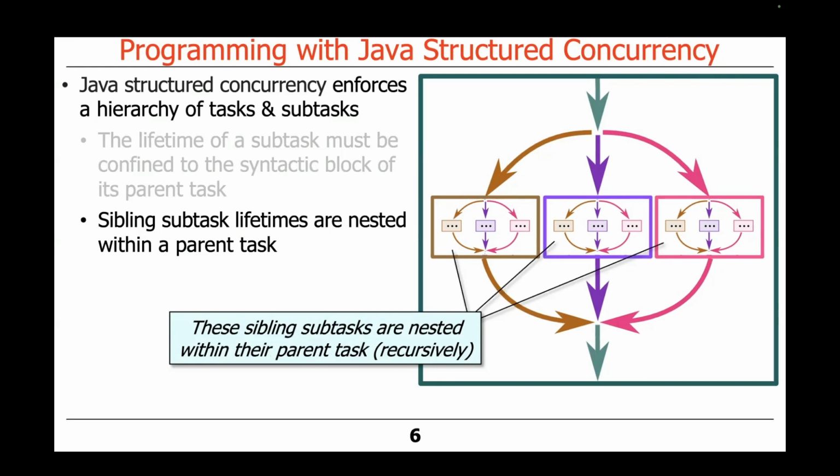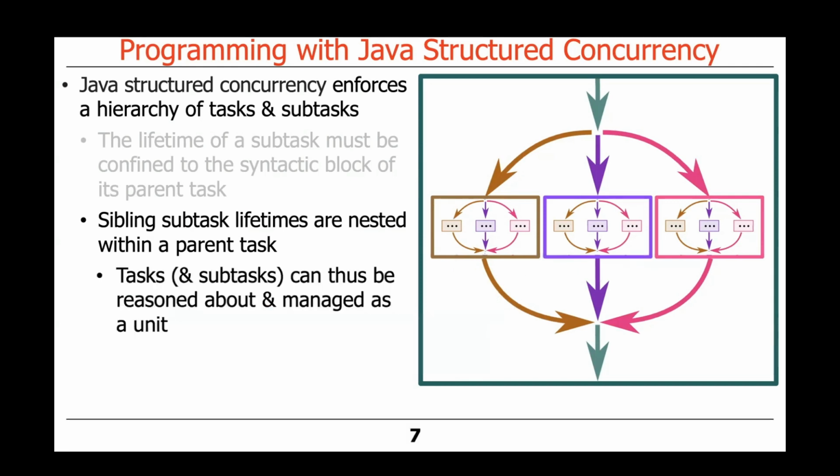Within a scope, you have sibling subtasks. These are the ones that are forked and created to run. And as you can see here, they're nested within their parent task, and this can be nested to arbitrary levels of nesting. So you can have subtasks within subtasks within subtasks if you need that much nesting. Usually you probably don't, but if you need it, it's there for you.